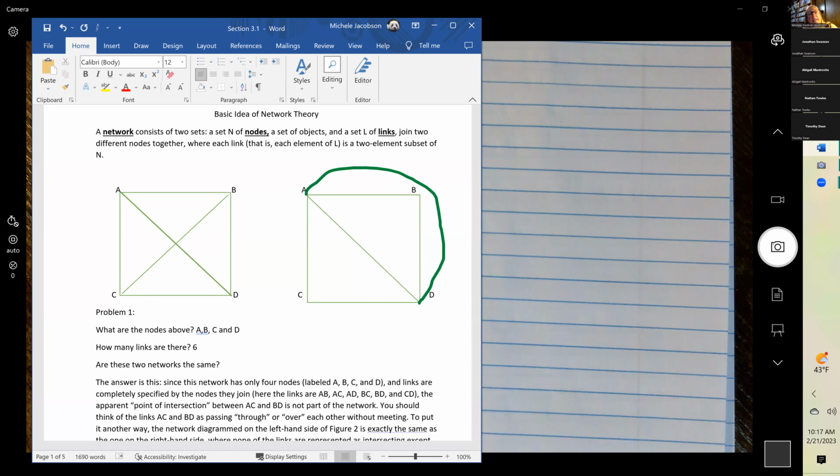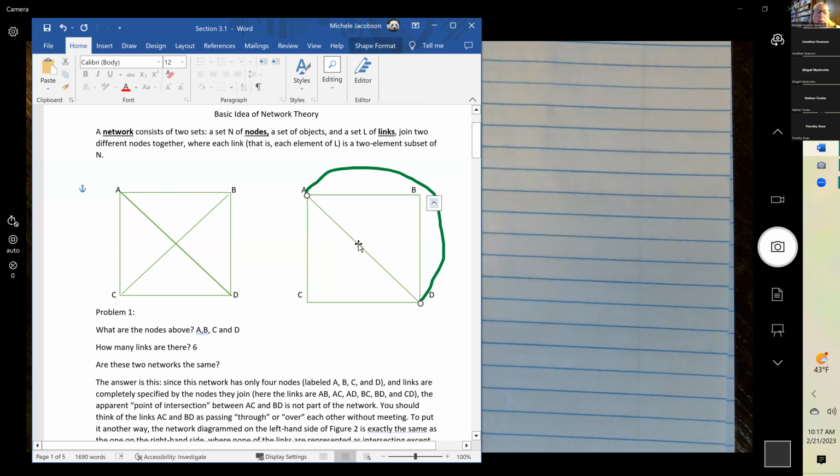To see if they're the same network, that means from A in this one, we can go straight to B, D, and C. Here we can go straight to B, D, and C. Notice that this goes A, D, and so does this one, which makes these two different because we have a link twice.